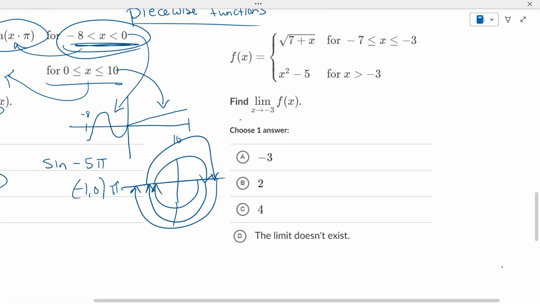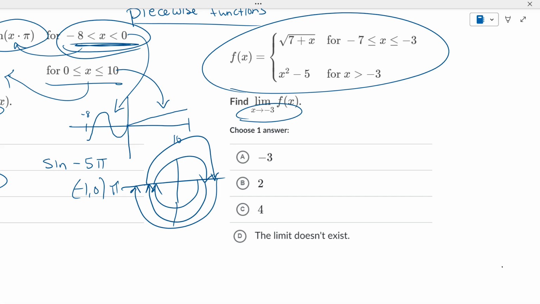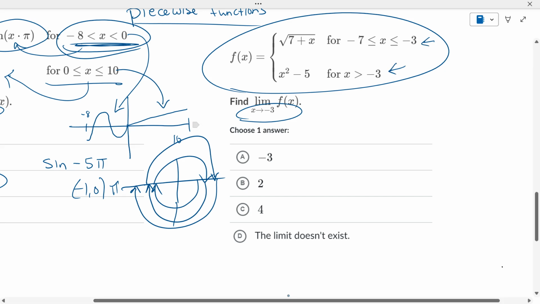All right. Where's -3 in this whole spectrum? Where is -3? Well, since it's a limit, and this divides at -3, you have to figure it out for both of them.